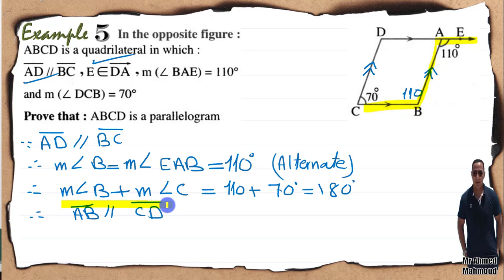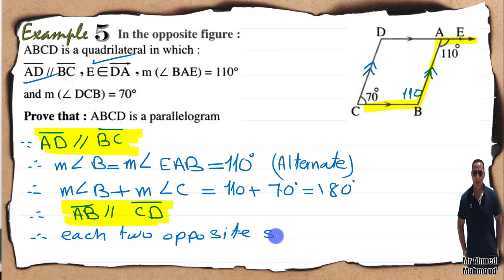Now I proved that AB is parallel to CD, and also in the givens AD is parallel to BC. Therefore, each two opposite sides in the quadrilateral are parallel.